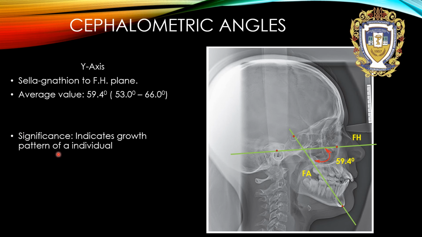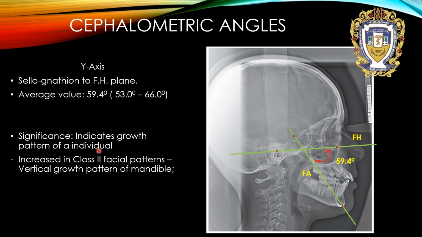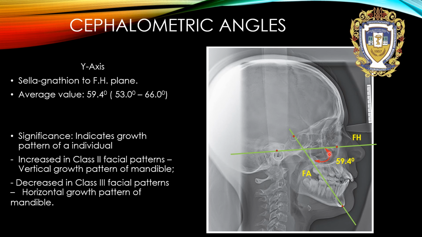Significance of this angle: it indicates growth pattern of individual. Increased in class 2 facial pattern, vertical growth pattern of mandible, and this angle will decrease in class 3 facial patterns, horizontal growth pattern of mandible.